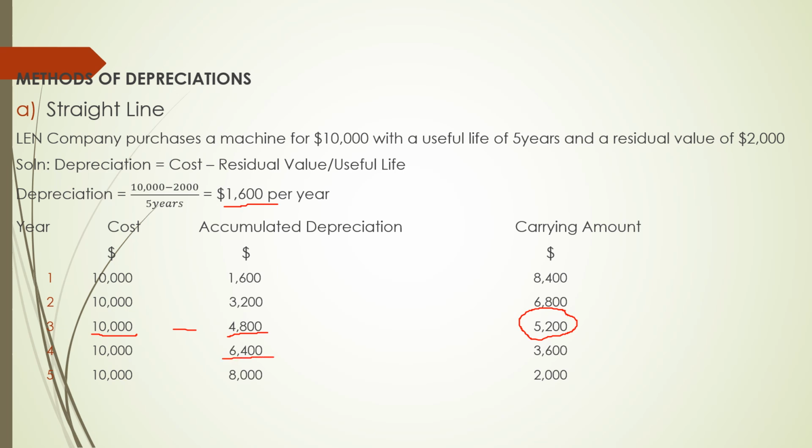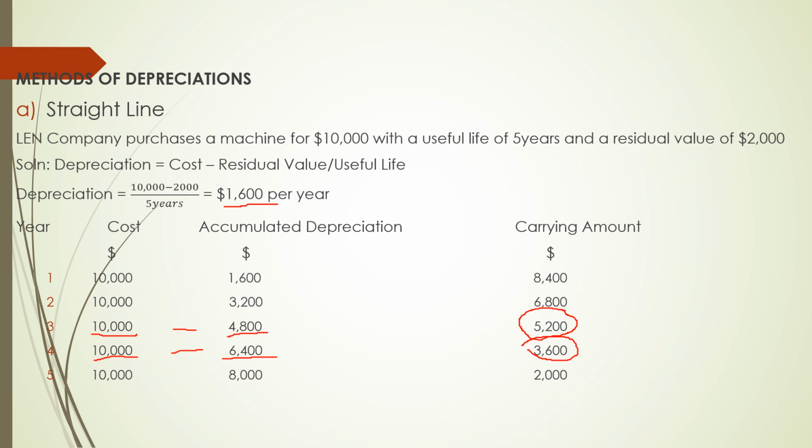6,400. When we subtract the 6,400 from the 10,000, we will arrive at 3,600. So that becomes our carrying amount at the end of year 4.